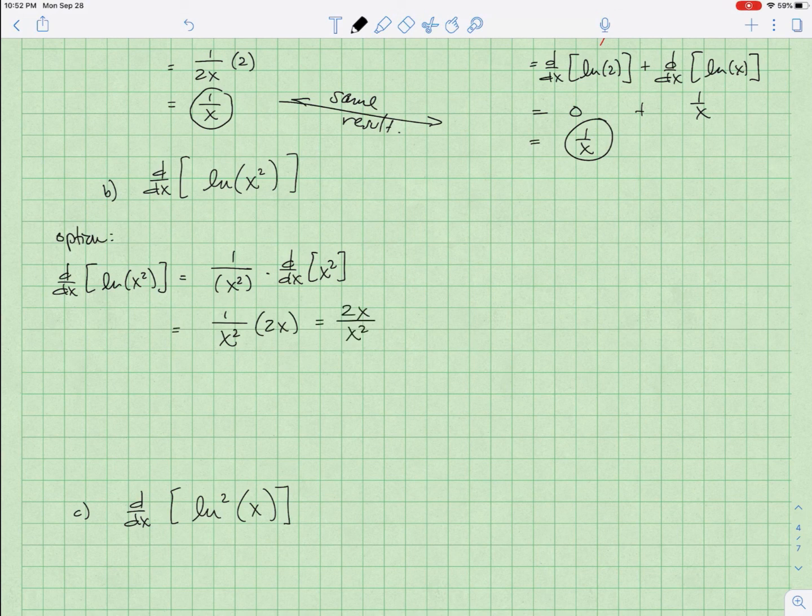There it is, that f prime over f form. And we'll get 1 power of x to cancel out, and this will be 2 over x.